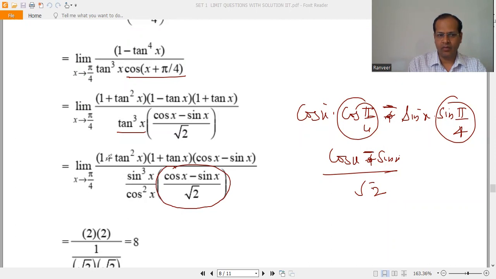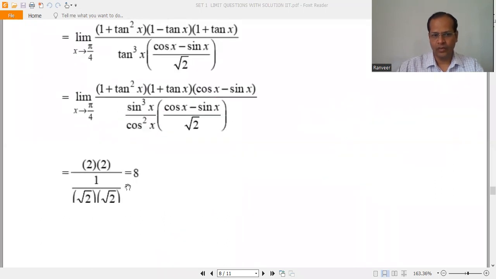Substitute the value here, 1 plus tan pi by 4, this term is 1. This is also 1. Now this term and this term will cancel. So the major part, due to which the value is 0 by 0, that part is cancelled. Now after that, just we have to substitute and get the result. Answer is 8. This is the way we can find out.